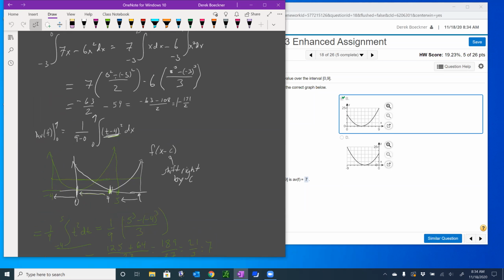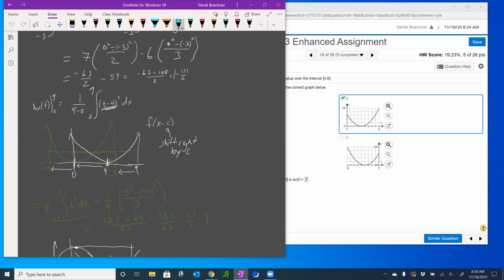Okay, so we have the parabola, which was shifted to the right by 4 here. And I'm just going to shift it back, because what I was trying to do was find this average value, or what the rectangle would be, so that this area plus this area was equal to this area, so that it kind of leveled everything out and made a rectangle.